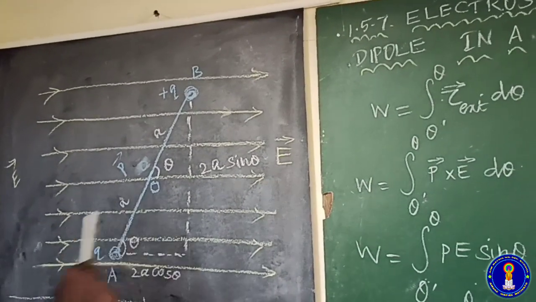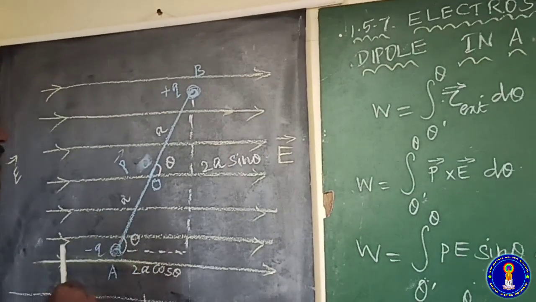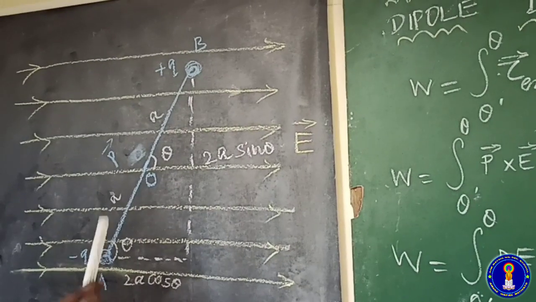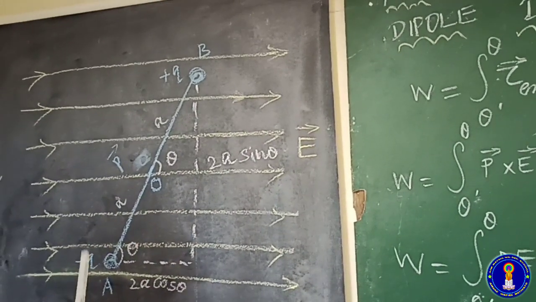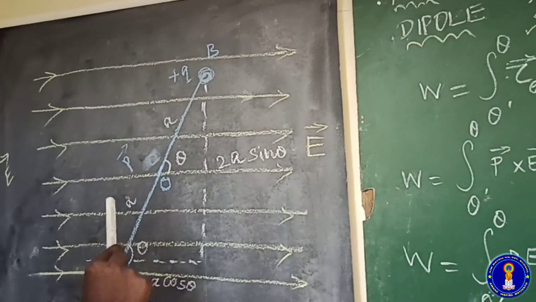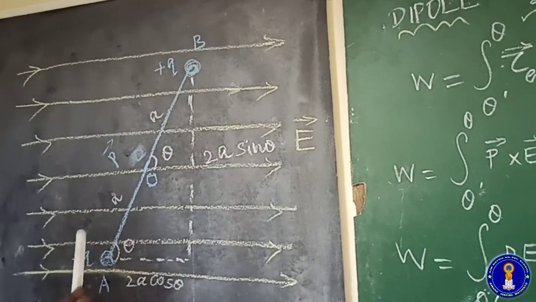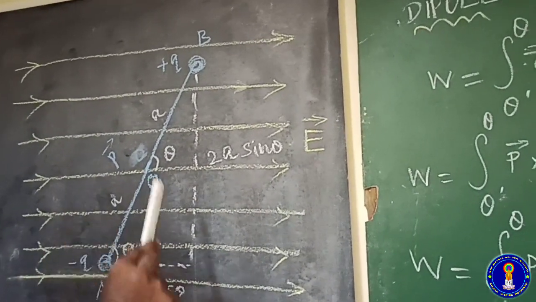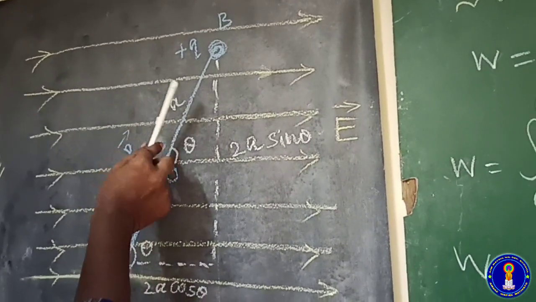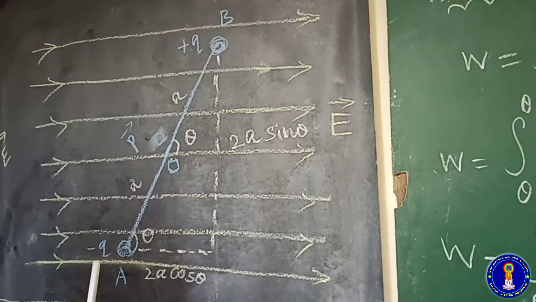So the work done is equal and opposite to the torque, so an external torque must be applied on the dipole to rotate it from the initial angle theta dash to a particular angle theta at constant angular velocity.